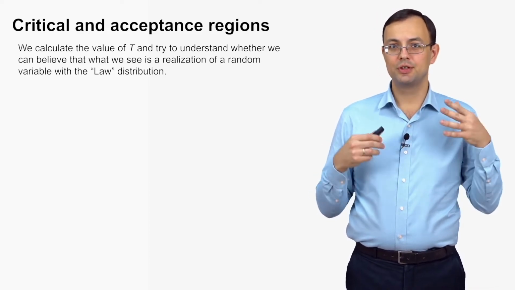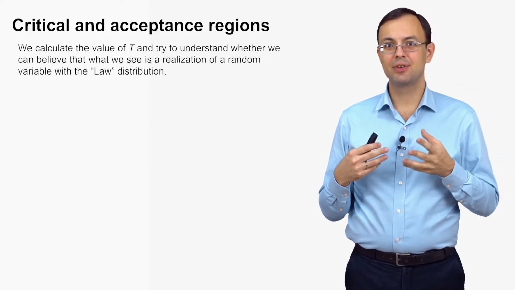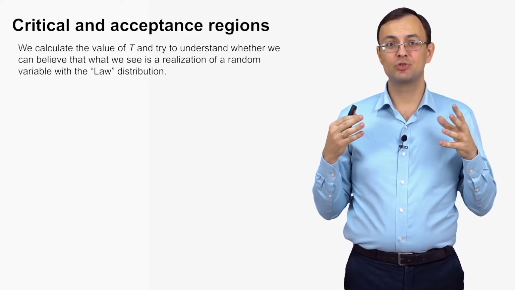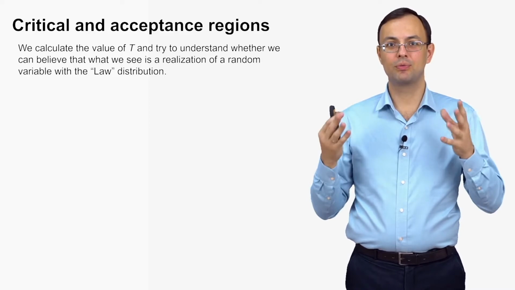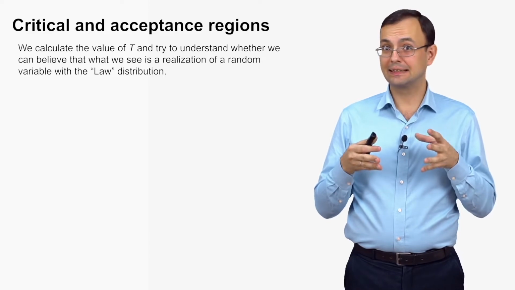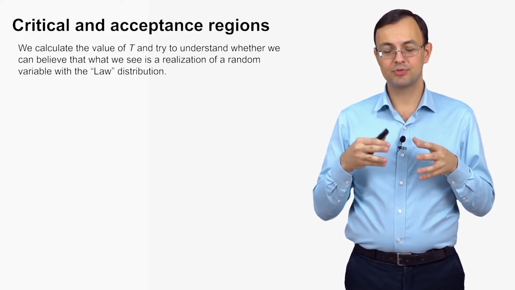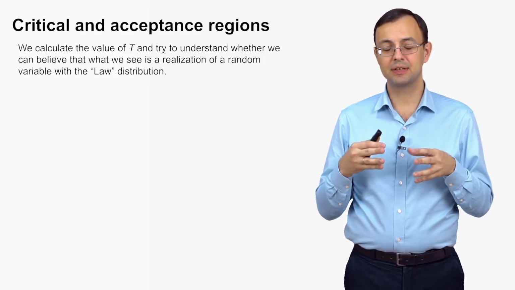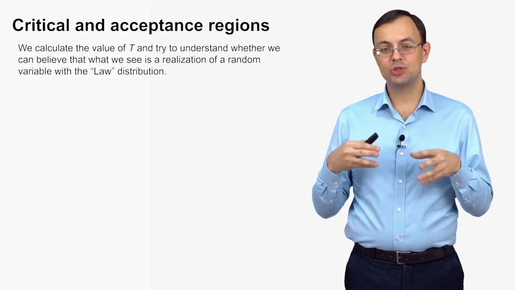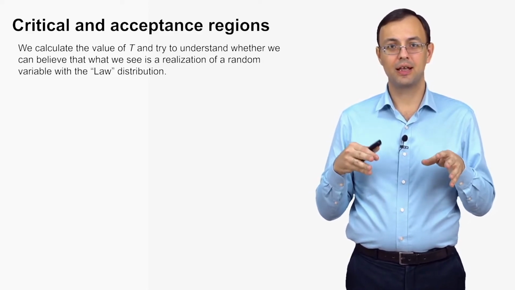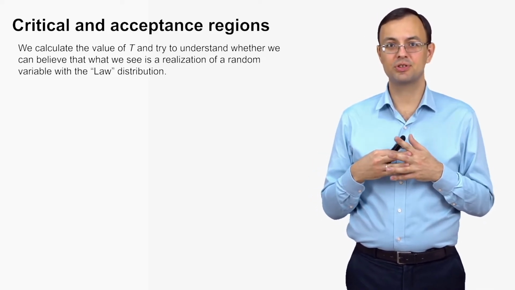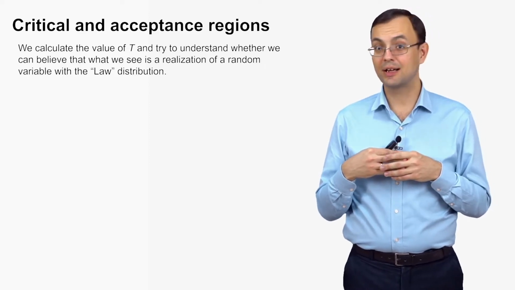Maybe you don't have the PDF or the CDF of this distribution in your head, but you have some general idea of how this random variable is distributed, and you know which values are more probable, more frequent, and which values are less probable, less frequent, and which values are almost impossible, and which are absolutely impossible. So you know that it is impossible to meet a person with a height equal to 400 centimeters, for example.